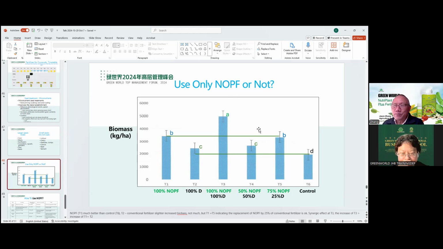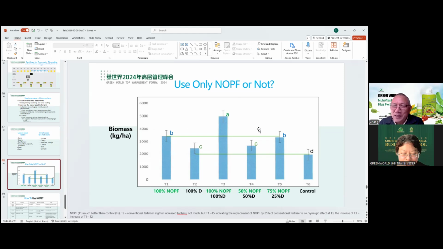Not only use ours if you are not doing organic farming, if you do not sell vegetables or fruits to the European Union, and you eat it yourself like me. I eat my fruits and vegetables myself. I don't sell, so I don't need 100% organic farming.